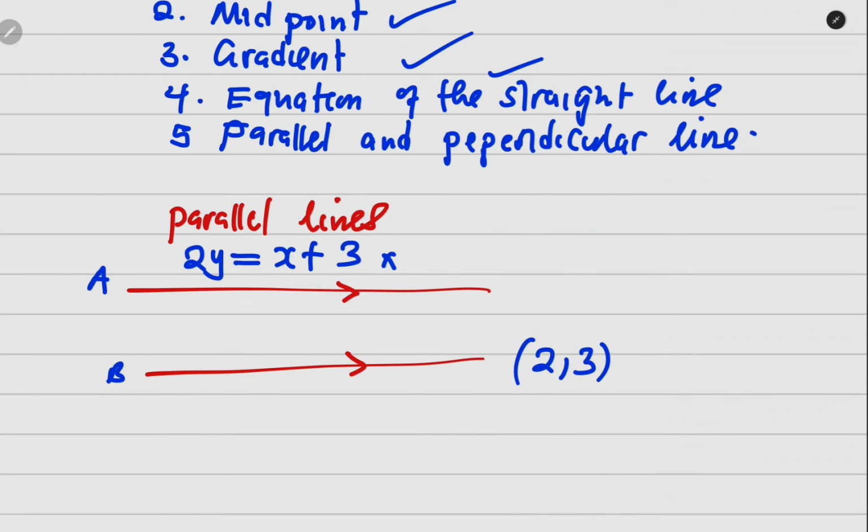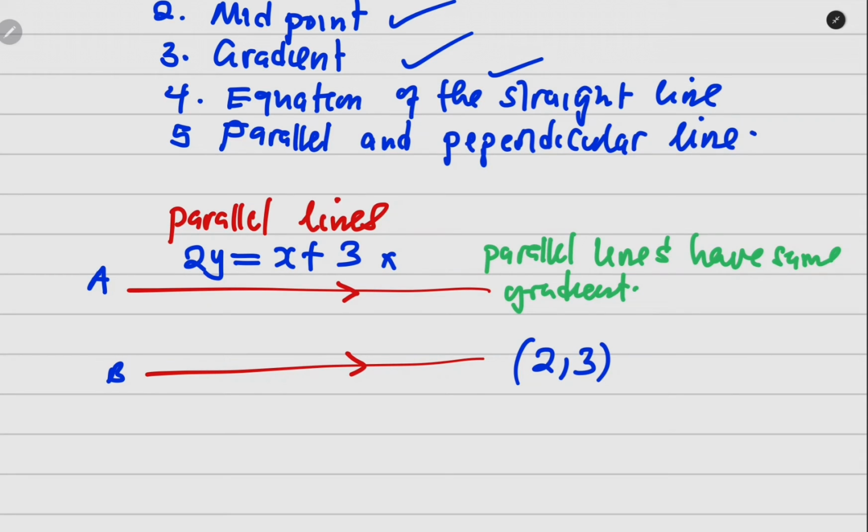How are you able to find it? So one thing you need to know about parallel lines is that they have same gradient. So gradient for parallel lines is equal.